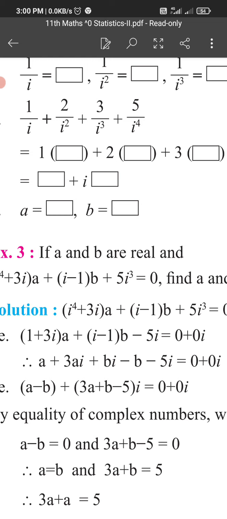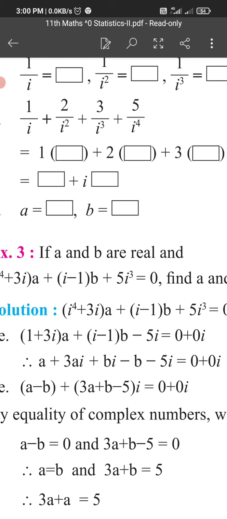So left side as it is, that is (1 + 3i)a + (i − 1)b − 5i³ = −i, so −5i = 0 + 0i.